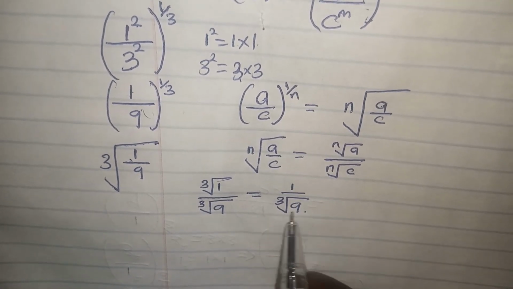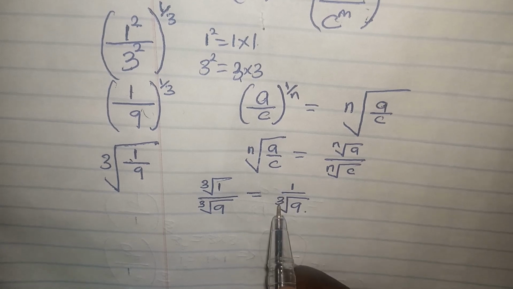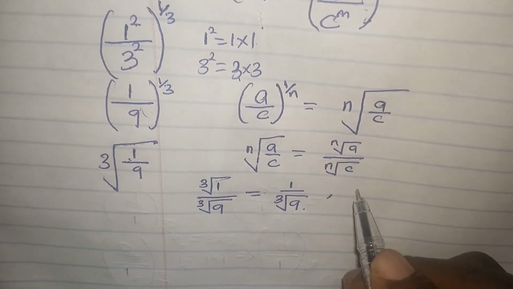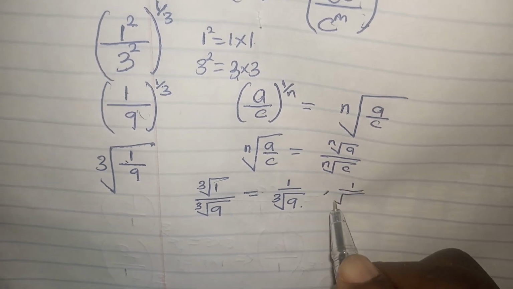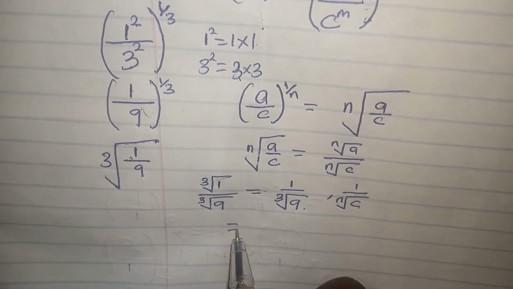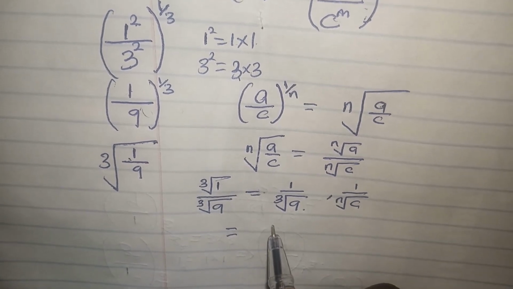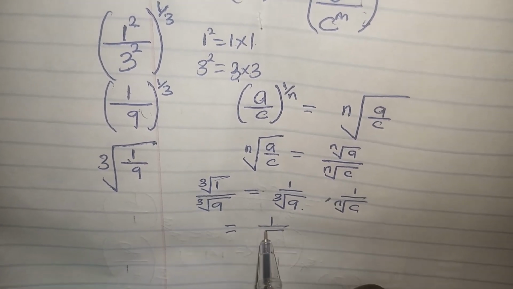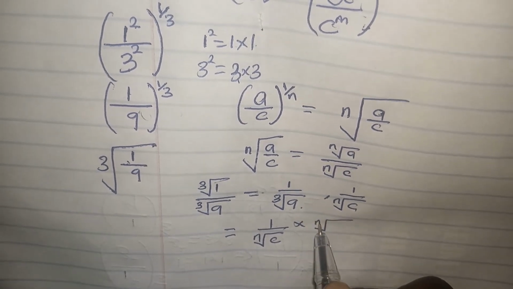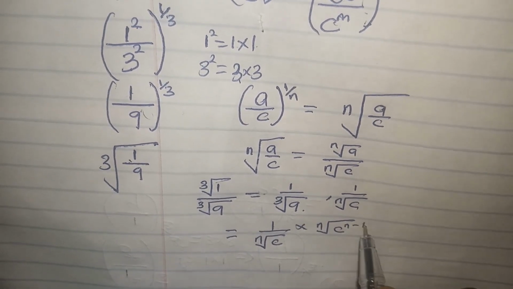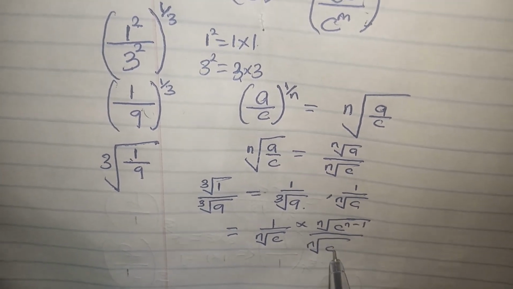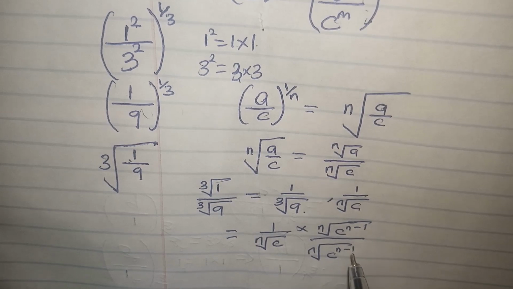From here we can still simplify further. We apply a basic rule which says 1 over the nth root of c is also equal to 1 over the nth root of c times the nth root of c to the power of n minus 1, over the nth root of c to the power of n minus 1.